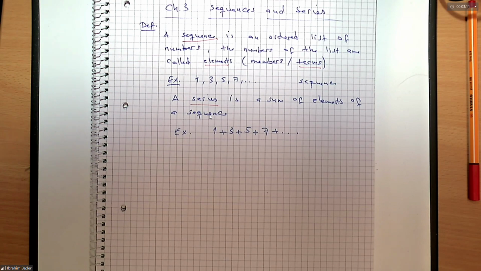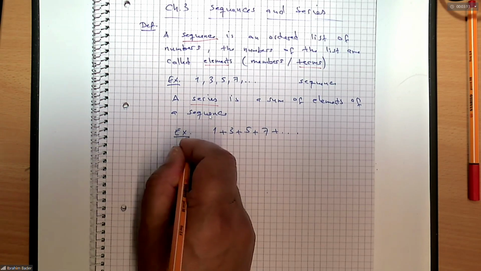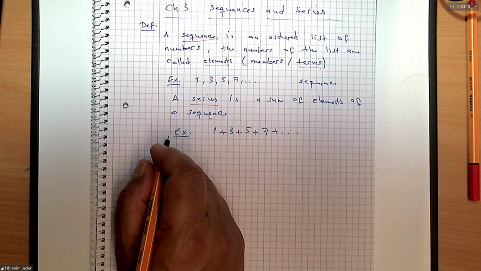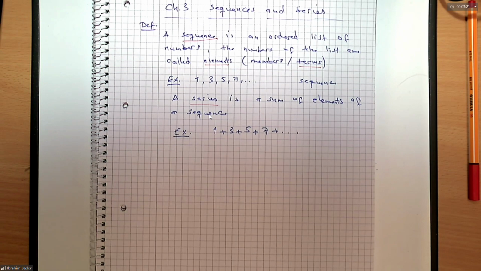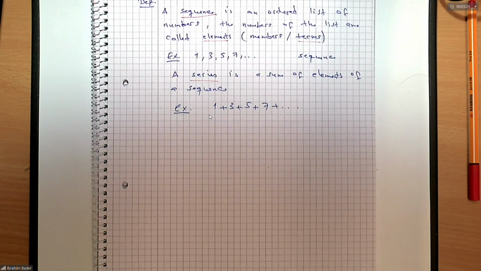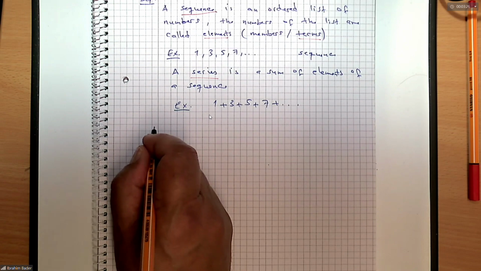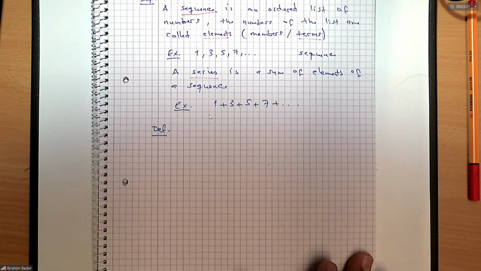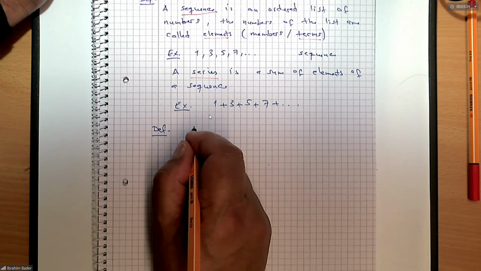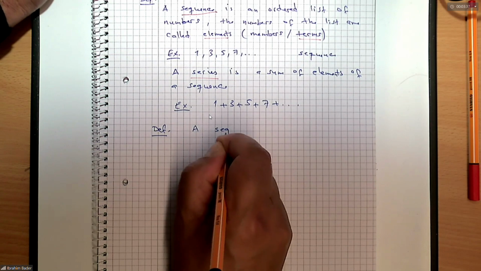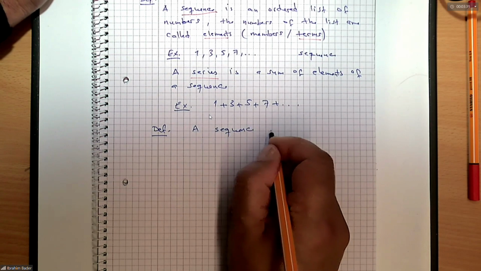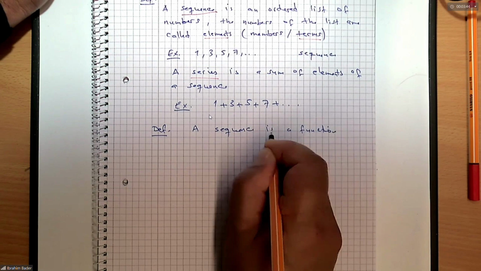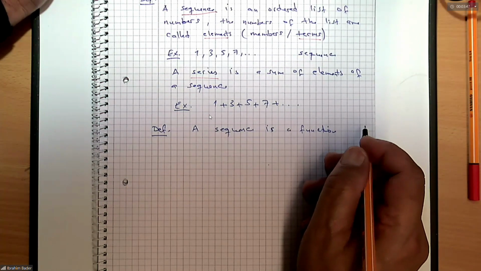Now, formally, the sequence, you can look at it as a mapping or a function. We talked about functions. So another definition of a sequence, we can look at a sequence as a function with a specific type of domain.